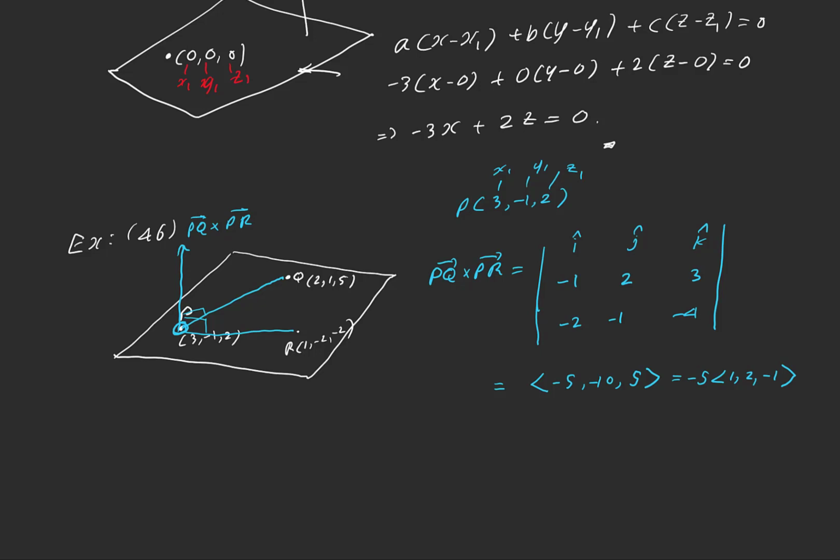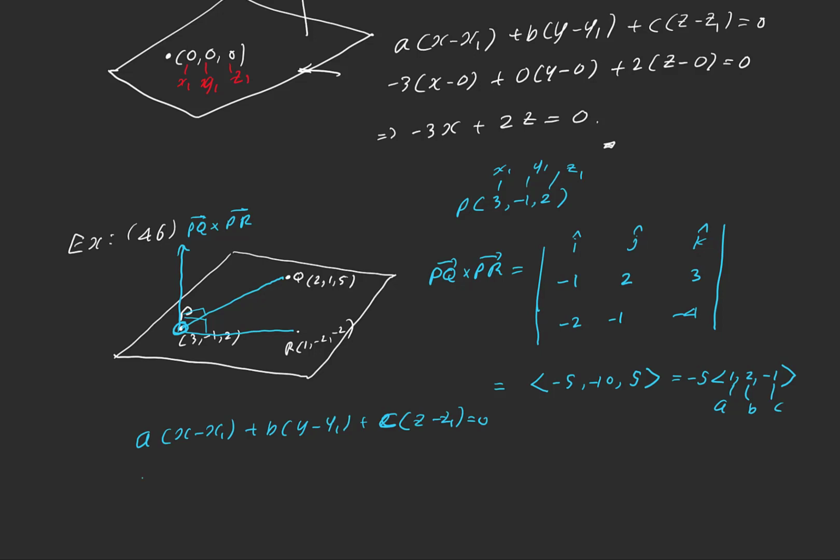Now we can use the A, B, C general form. So this is A, this is B and this is C. We can write the equation A times (x minus x1) plus B times (y minus y1) plus C times (z minus z1) equals 0.